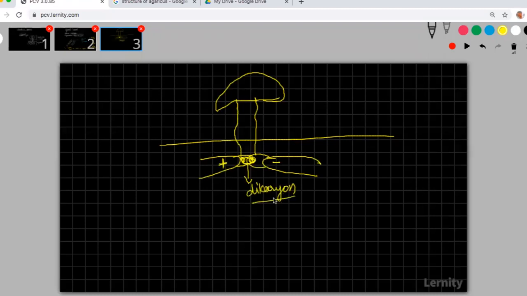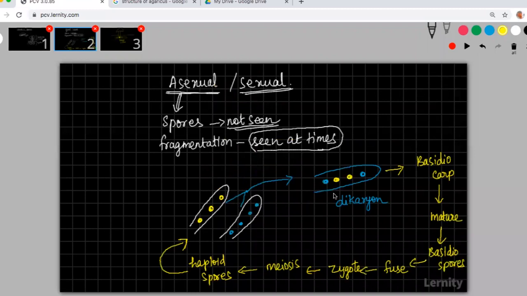Dikaryon means what? Two nuclei are there. That is what we call the dikaryon state. You have these two things fused together to get a dikaryon stage. Dikaryon means two nuclei are there, fusion has not happened.